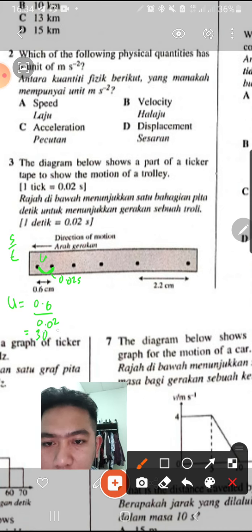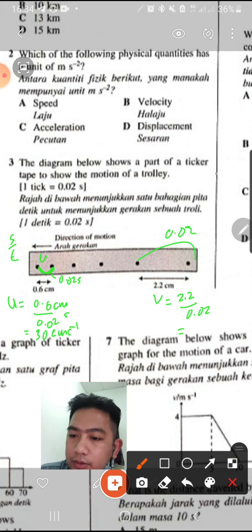30 apa ini? Sini cm, kan? Sini s. So 30 cm per second. So here sama juga, V, 2.2 because 1 saja means 0.02, and divide by 0.02.